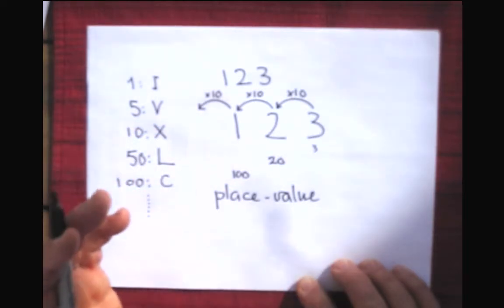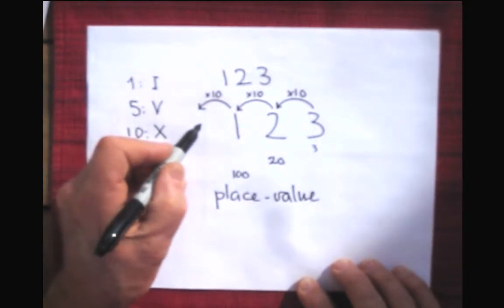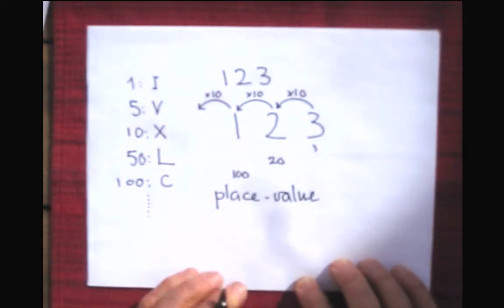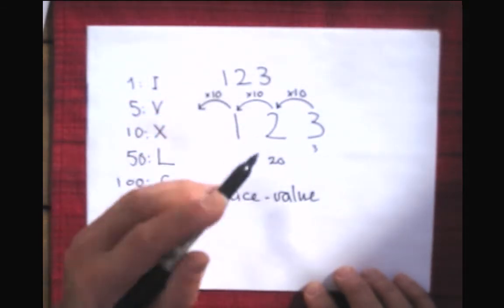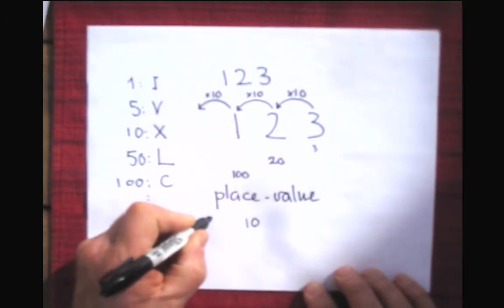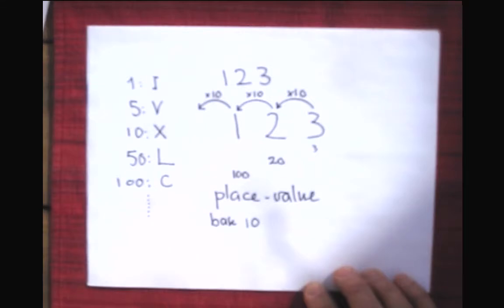You can make really big numbers without having to make up new symbols because the value is given by the place value system. One more thing, this is a place value system based on the number 10, base 10, called place value system base 10, and that's what we use.